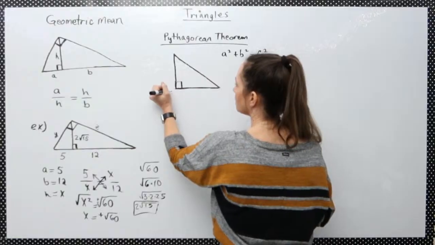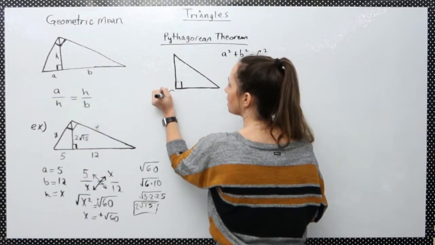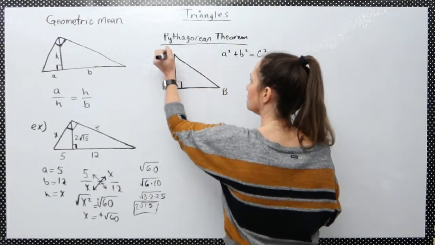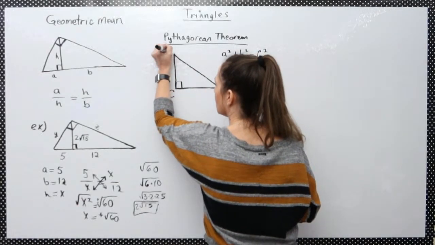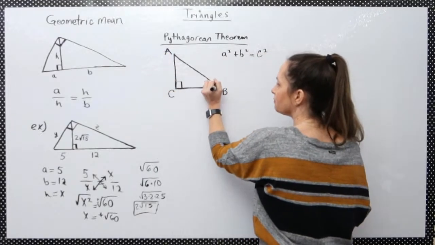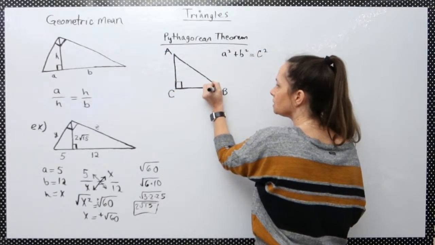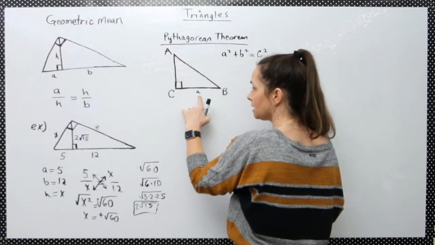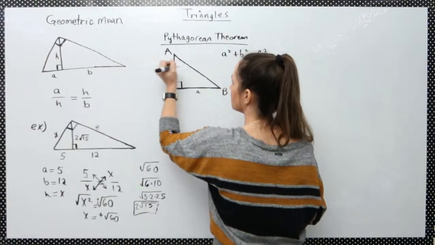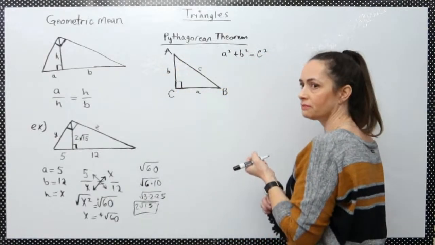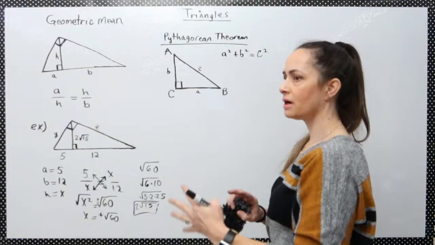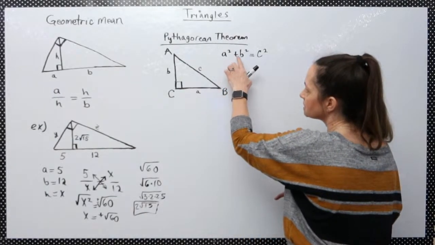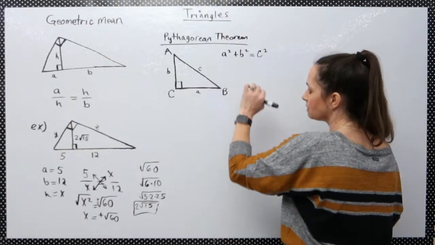So the anatomy of a triangle: you have the big uppercase letters that signify your vertexes, your angles, and then you have the little lowercase letters that signify the side length, and that's the notation for the math so that we keep all of our values straight. The legs are interchangeable because of this addition property. It's commutative.